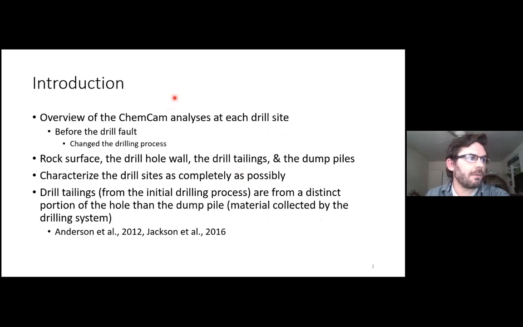All right, so like I said, this is going to at first provide an overview of the ChemCam analyses at each site. And this is for each site drilled before the drill fault. The process of the drill fault and the specifics of the materials it produced were all very well reported on by the engineering team before this drill fault happened, but then they changed the drilling process.